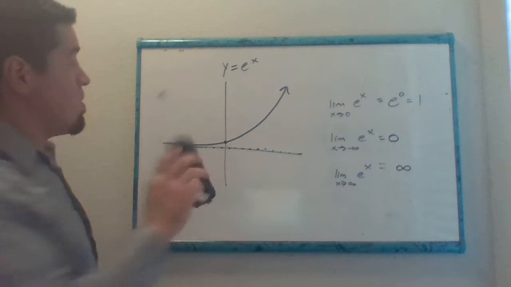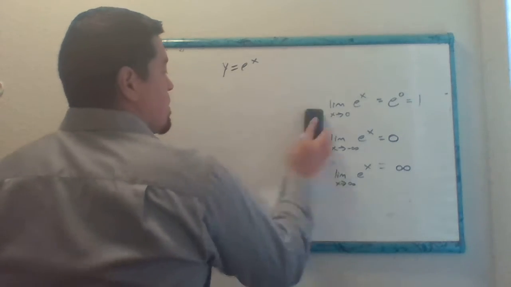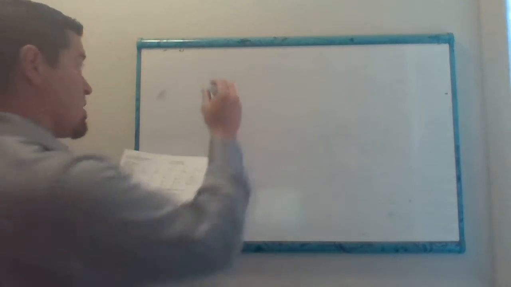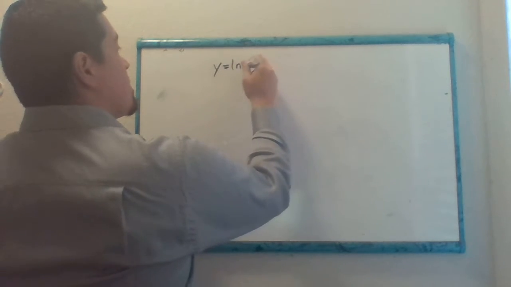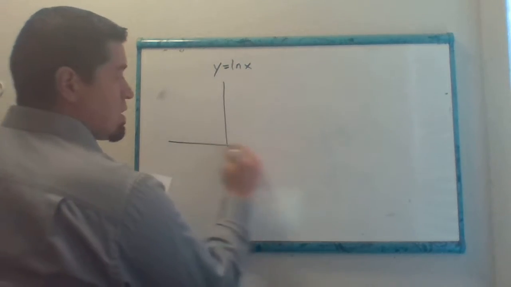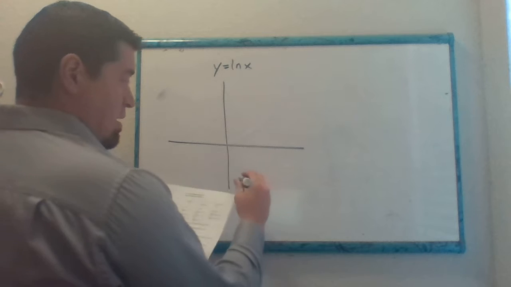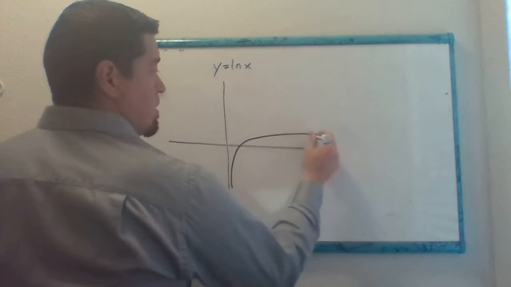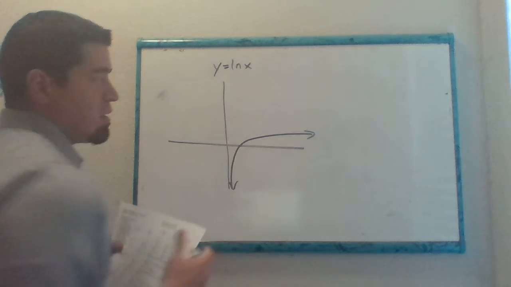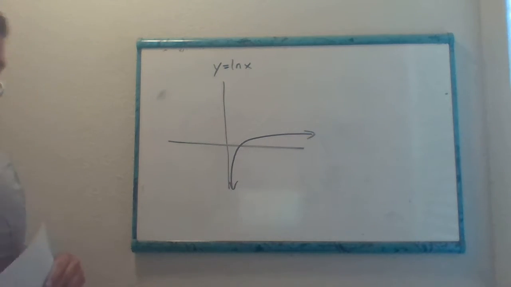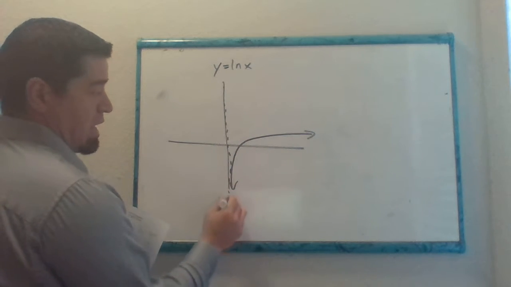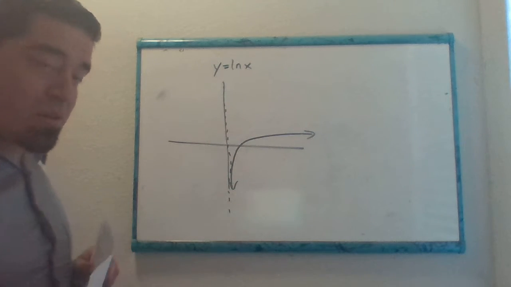And then just one last one. I did two extra than I thought I wanted to do, but just to give you the full picture. You have natural log of x, which is going to appear this way. And if you notice, natural log of x actually has a vertical asymptote at x equals 0.